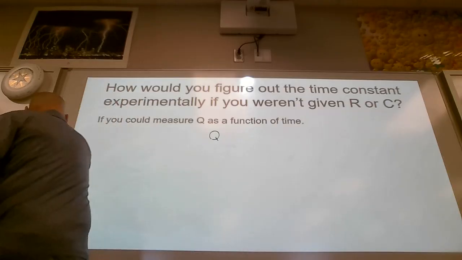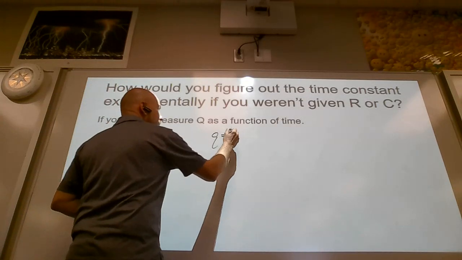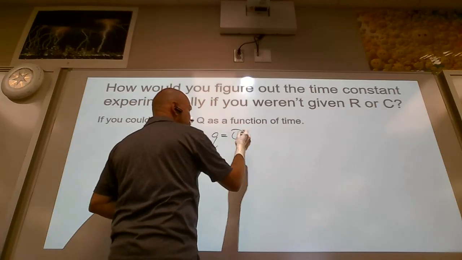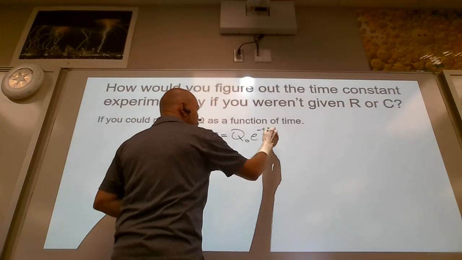I mean, that's kind of like your Q naught. So you know this, you know that. E negative t over tau.